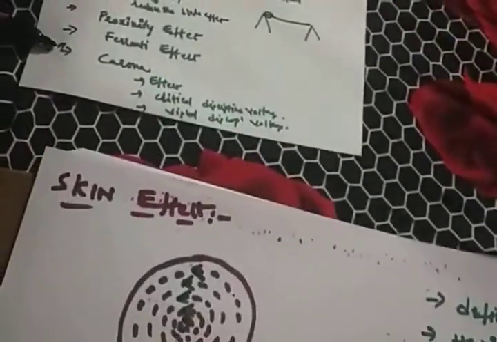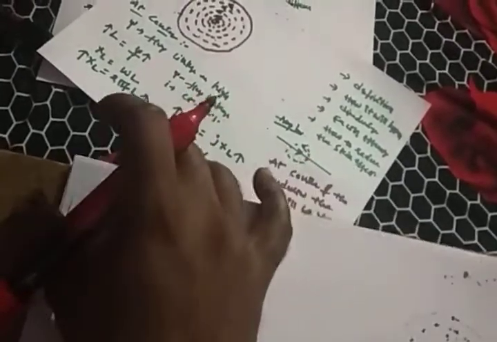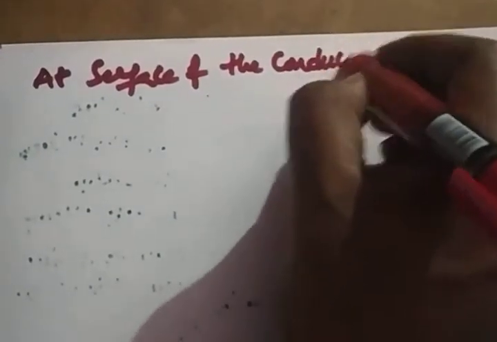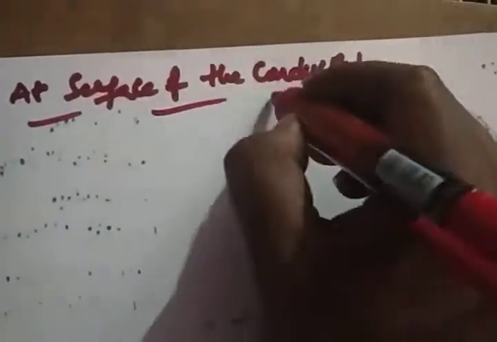Now we'll move on to the surface of the conductor. At the surface of the conductor, what happened?